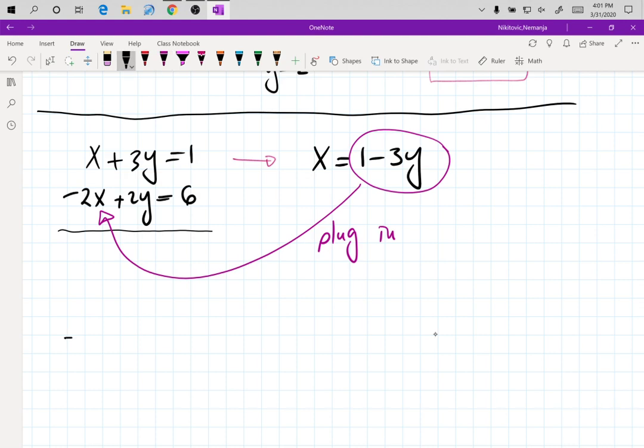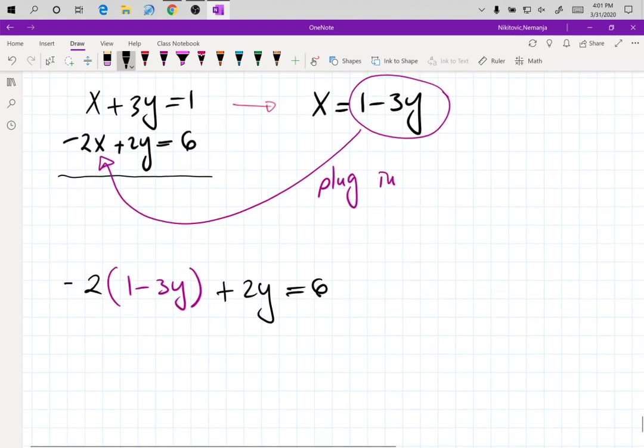So we have negative 2 times (1 minus 3y) plus 2y equal to 6. And when you look at this equation, we now only have y's, no more x's. And that's why we can solve this equation, because it only has one variable.